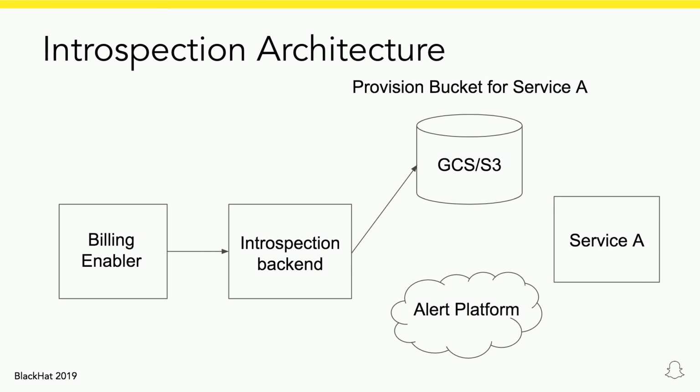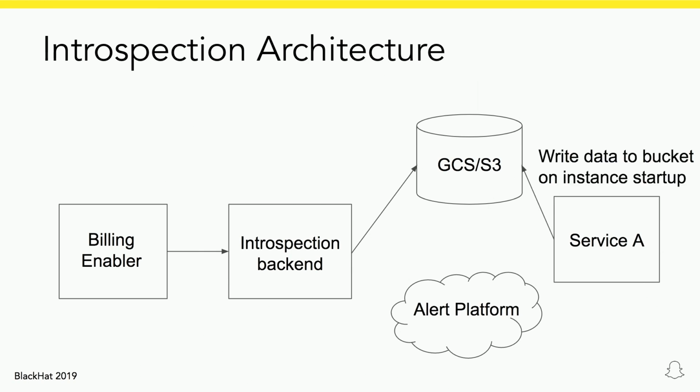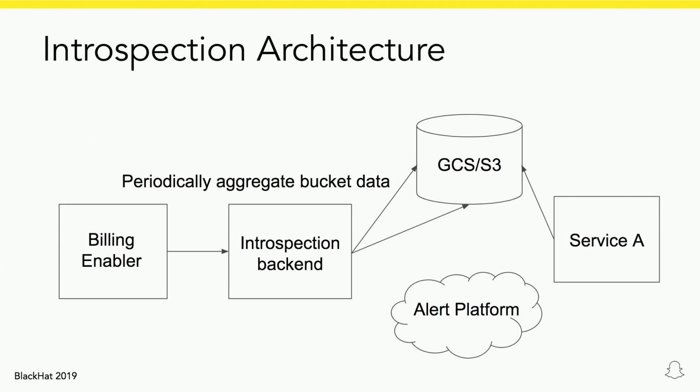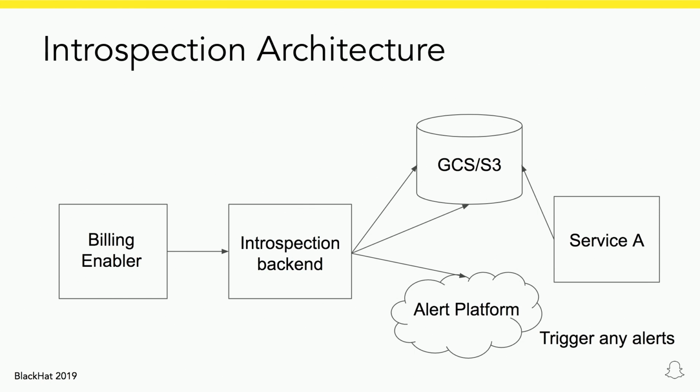For the service owner, they'll then incorporate this library into their service, and as soon as an instance starts up, they ping our buckets, and we periodically go to these buckets, we aggregate the data, we analyze it, and then we can trigger any alerts based on different things that people have done. Like they might not be using our auth libraries anymore, or they might have opened up an endpoint with no auth whatsoever.